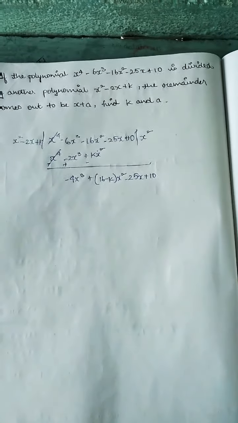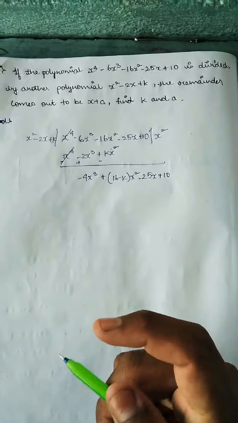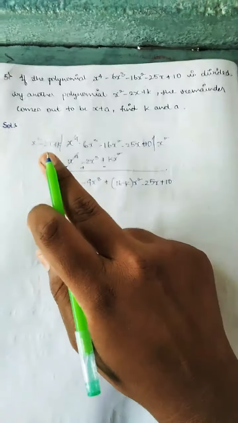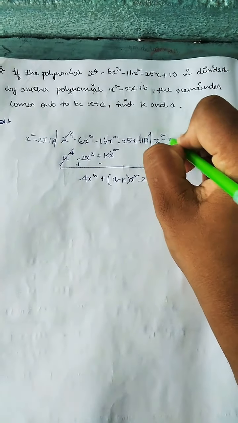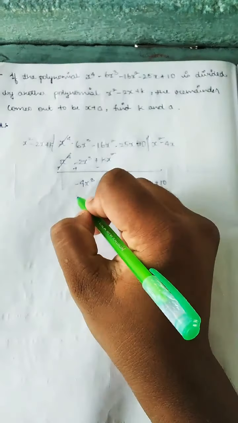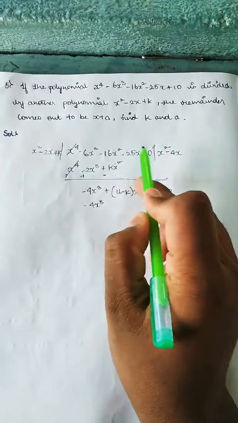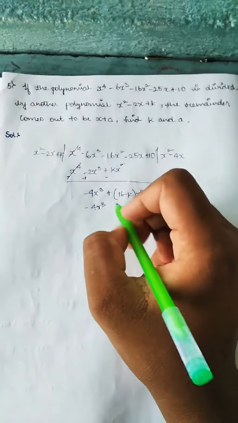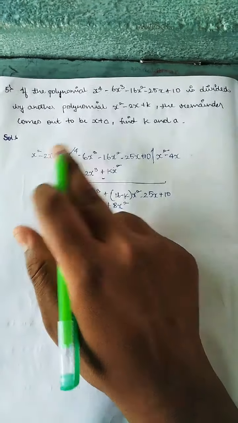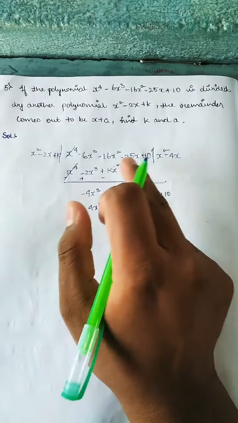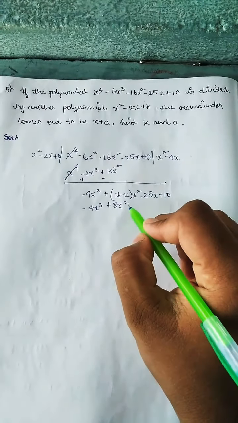Now to get minus 4x cube we multiply x square by minus 4x, so I get minus 4x cube. Then minus 2x into minus 4x is plus 8x square, since minus minus cancels and 4 twos are 8, and x square.